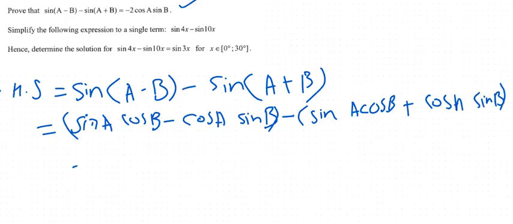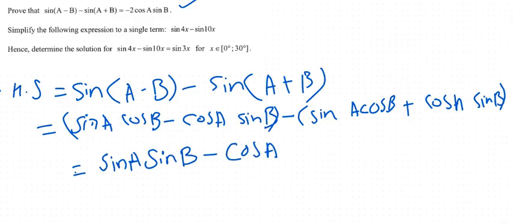Okay, we have sine A cos B minus cos A sine B, sorry, we have cos over here. Okay, right, we have only cos over here.